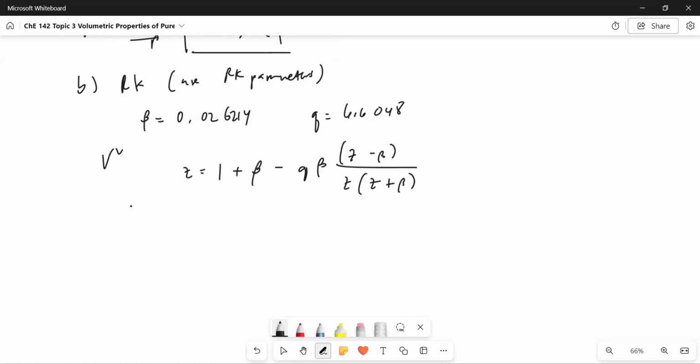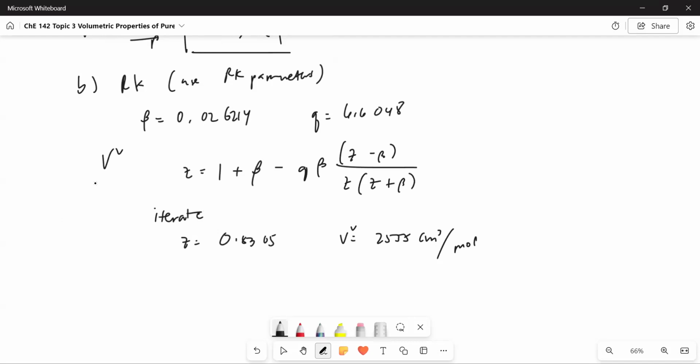So it's quite different from the van der Waals. Now, substitute the beta and q, and then iterate. What you will get for z is 0.8305, and for V vapor, 2555 cm cubed per mole. Those are the answers.